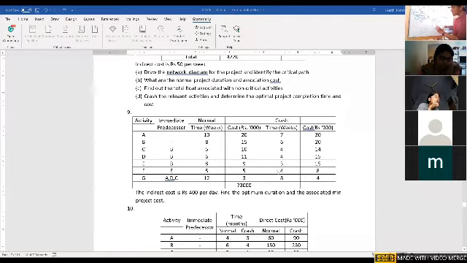So 8 minus 5 divided by 5 minus 4. So I think it is 3. So if you see, girls, the next lowest activity is activity 2 to 3 with a cost slope of 2. So we need to crash activity E. Okay, so that we need to remember.